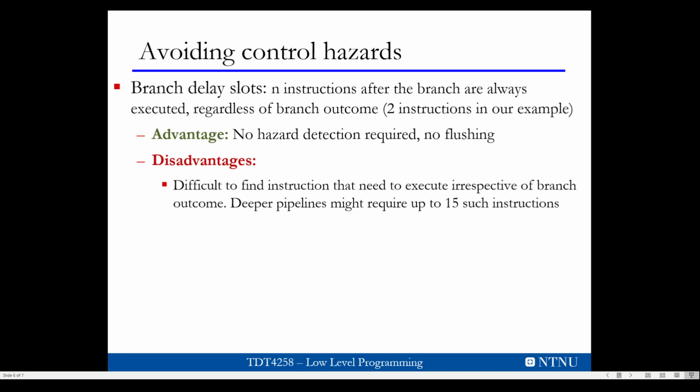For example, in a deeper pipeline, it's very easy for the branch penalty to be 15, so you need to find 15 independent instructions, especially considering that basic blocks are only 5 instructions or so. So there is a problem. It's not really easy to find instructions that you can put in branch delay slots.